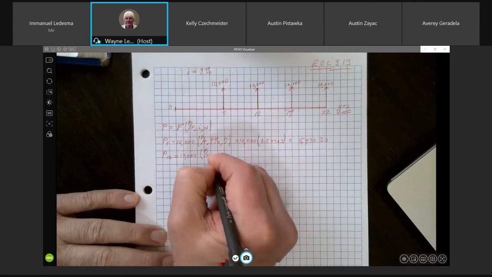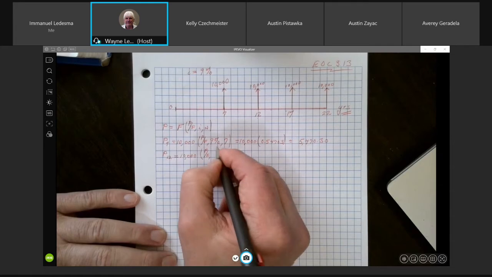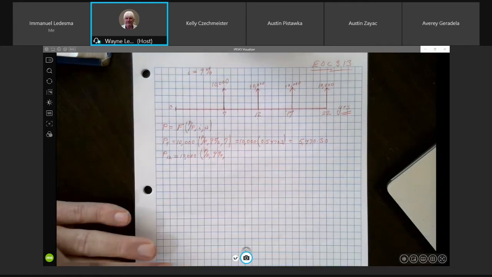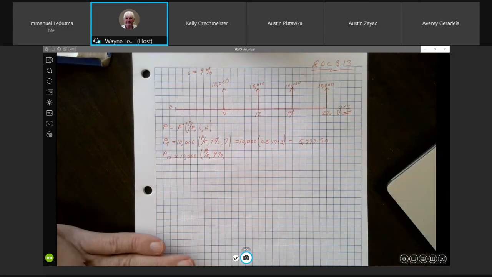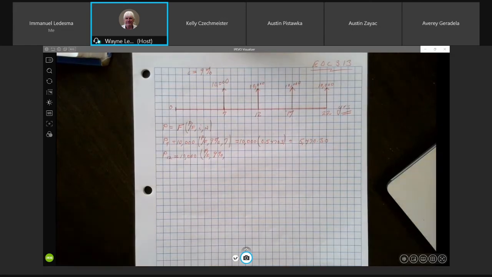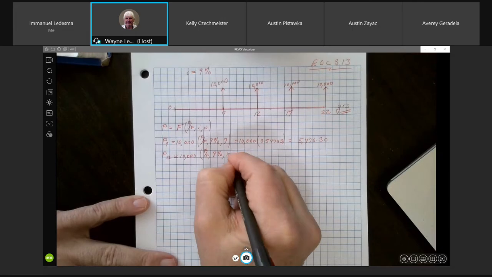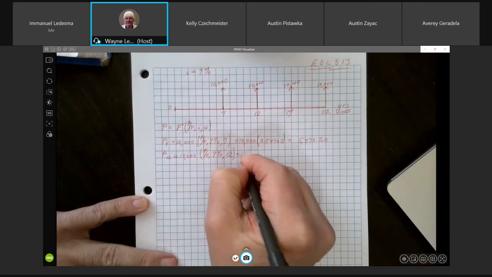P over F. Interest rate is not changing. How much is the time on this one? Anybody? 12. Yeah. So N would be 12 here. So we're going to have 10,000.